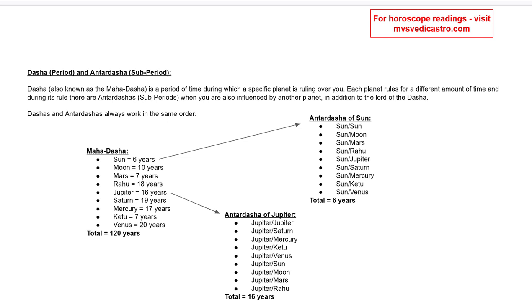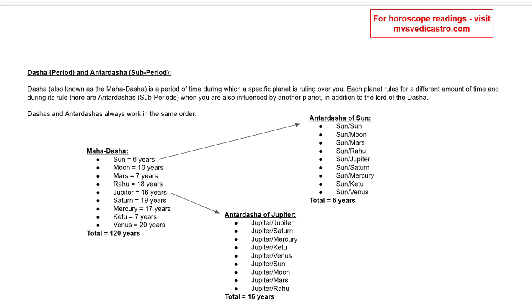Jupiter is 16 years. Saturn is 19. Mercury is 17 years. Ketu is 7 years. And finally, Venus is the longest one, which is 20 years. So in total, these Maha-Dashas end up being 120 years.